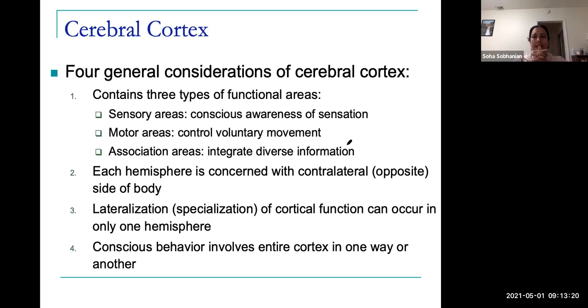So again, what does that mean? If I'm using my right hand and I'm touching a surface, the data from my right hand is going to the left part of my brain. If my left part of the brain tells me to move, the left is going to cause my right hand to move. Okay?